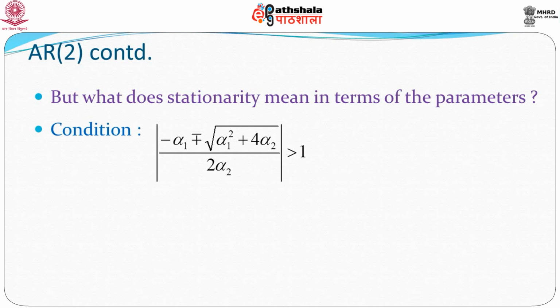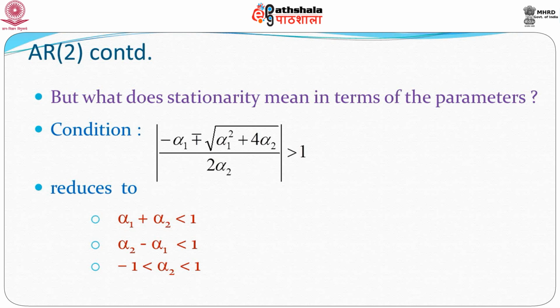In terms of the parameters, r 1 and r 2 can be written as minus alpha 1 plus or minus square root of alpha 1 square plus 4 alpha 2, divided by twice alpha 2, and since the roots must be greater than 1, the modulus of this should be greater than 1. After some simplification, this condition reduces to three things. One is that alpha 1 plus alpha 2 is less than 1, the other is that alpha 2 minus alpha 1 is less than 1, and the third condition is that alpha 2 lies between minus 1 and 1.